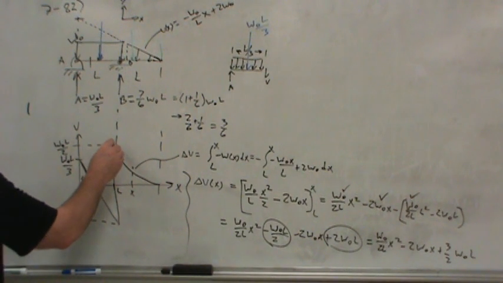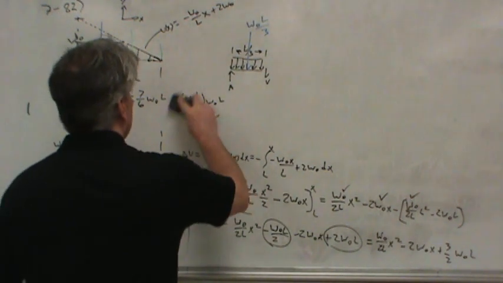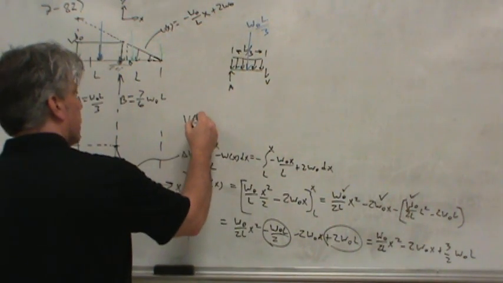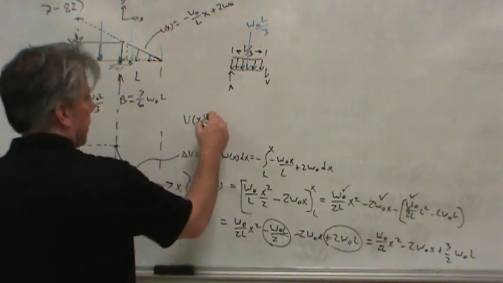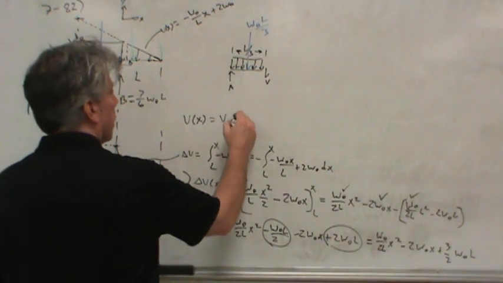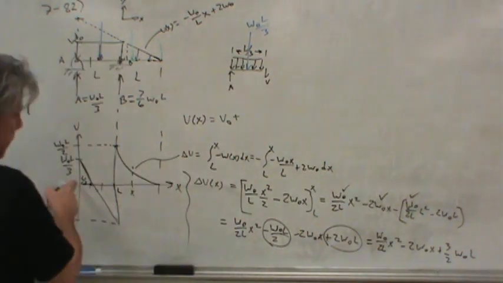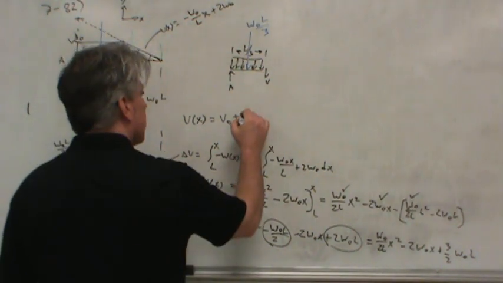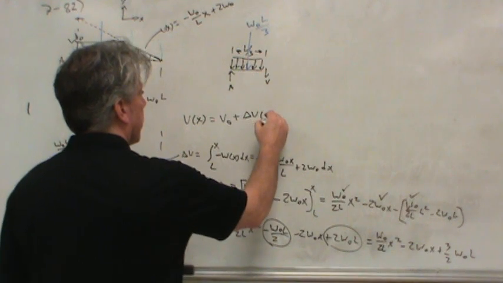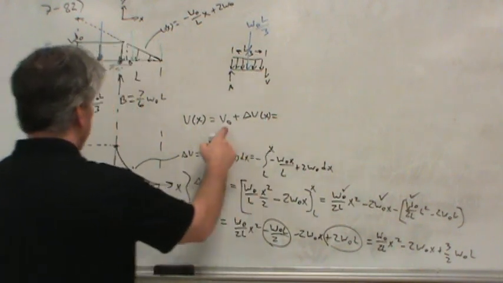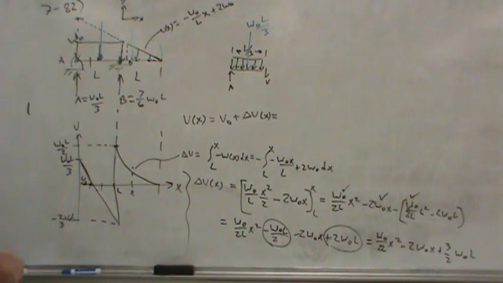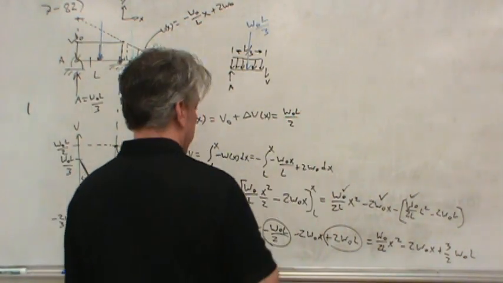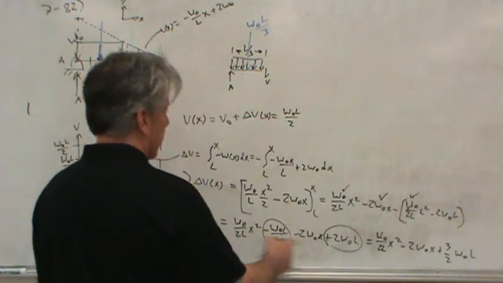It started here. So what will really be useful is to get the actual shear as a function of x. Well, that is equal to the initial shear, at this point, plus the change in the shear as a function of x. Okay, well, what is the initial shear? Well, it's W naught L over 2. So W naught L over 2, and then plus the rest of this stuff.